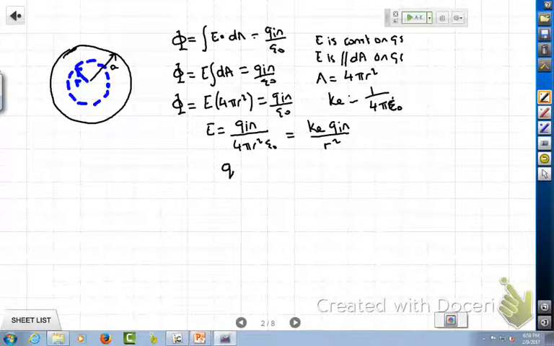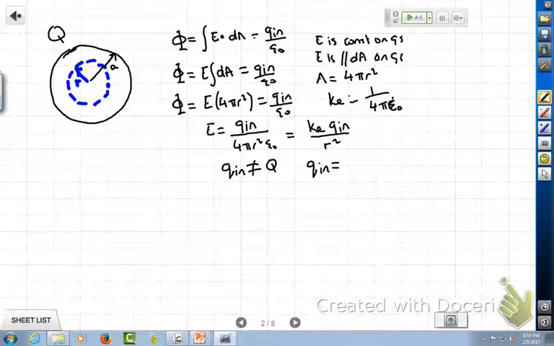But Q inside is not equal to Q. This big charge is Q, yeah? What does Q inside equal? Look at your diagram. It's the Q inside your Gaussian surface. What colour is your Gaussian surface?